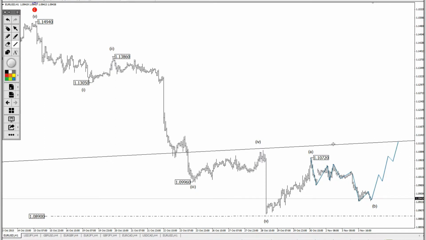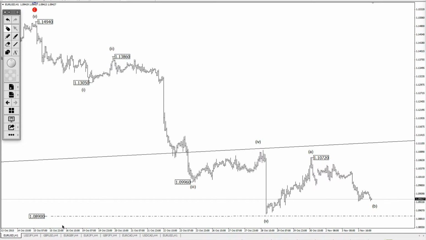So I'm expecting this level to act as resistance level and be a possible target point for the upwards move, which would be C wave of this minuet wave 2 correction.